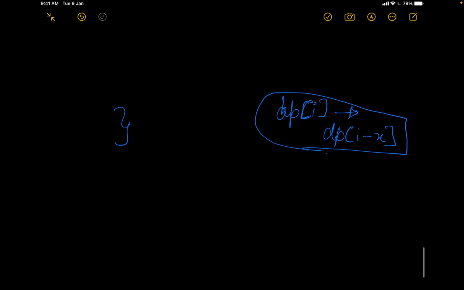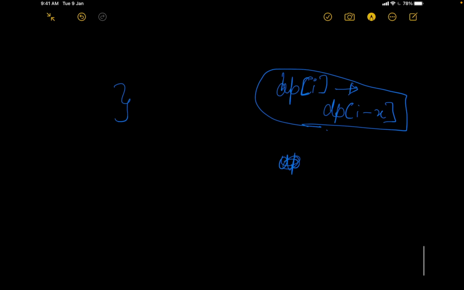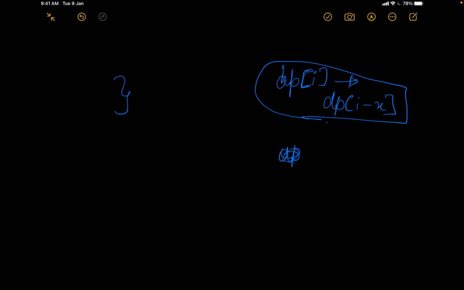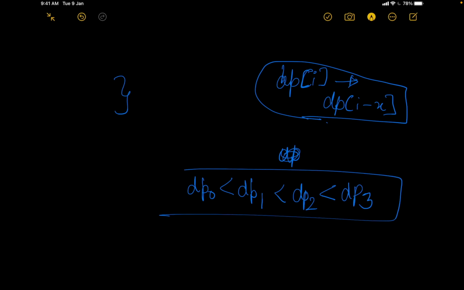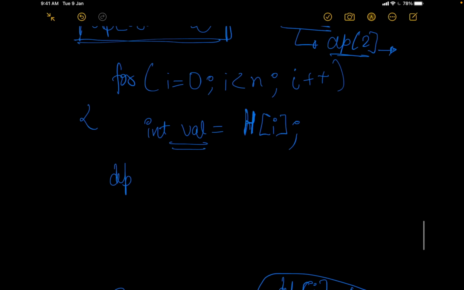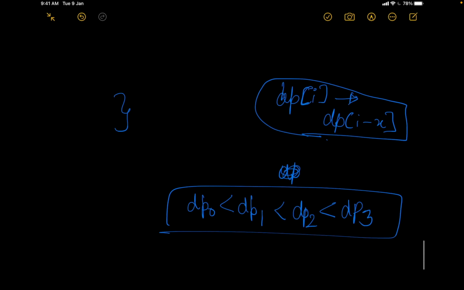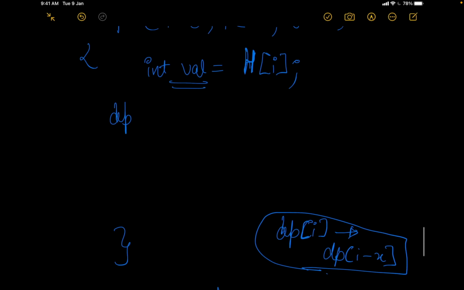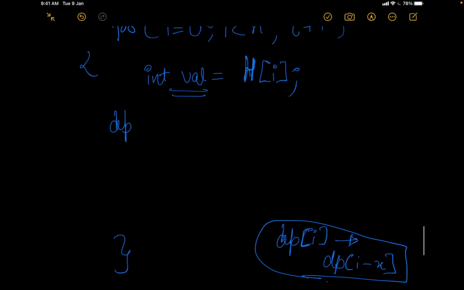One more thing is that the dp array would be populated in such a manner that dp0 would be less than dp1, which would be less than dp2, and so forth. This is pretty trivial, but if you are not able to get why this is happening, let me know in the comment section. I'll try to resolve the doubts. So with that in mind, let's get started with this particular iteration.